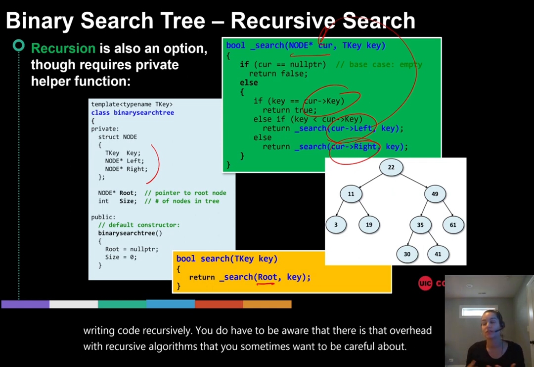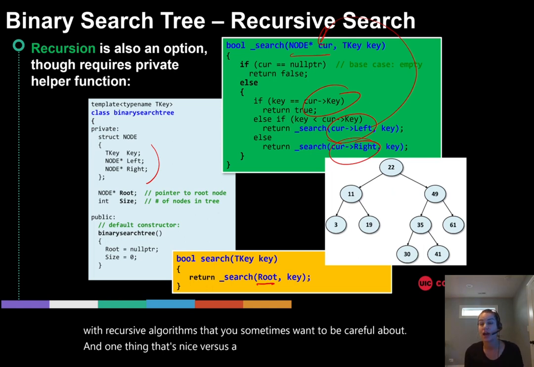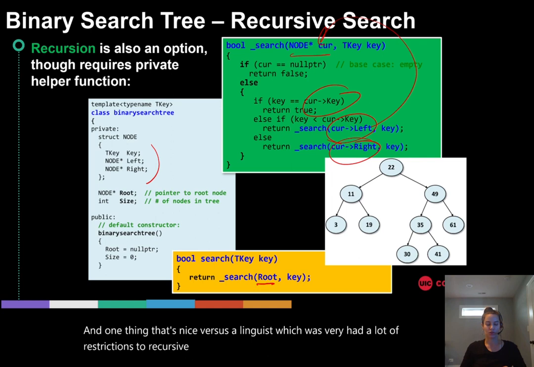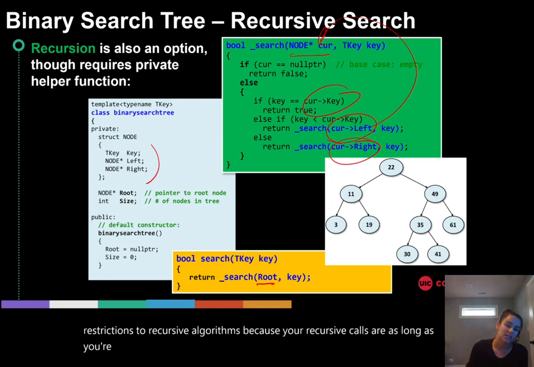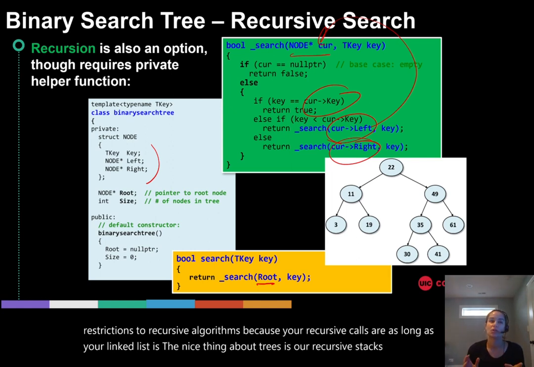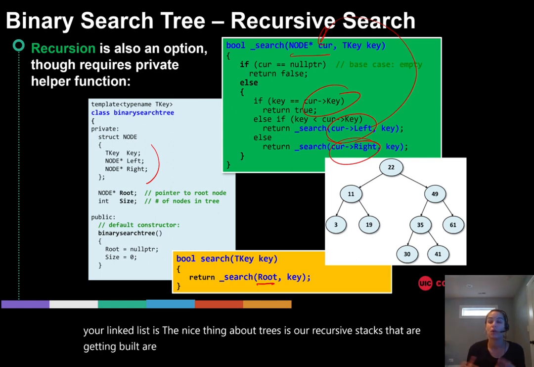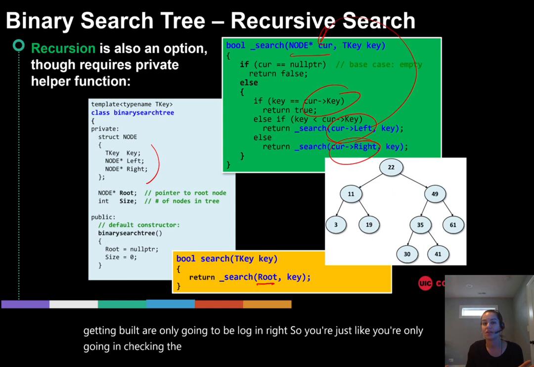One thing that's nice versus a linked list, which had a lot of restrictions for recursive algorithms because your recursive calls are as long as your linked list, is that with trees our recursive stacks are only going to be log n, right? So you're only checking the height of the tree rather than all the elements of the tree.